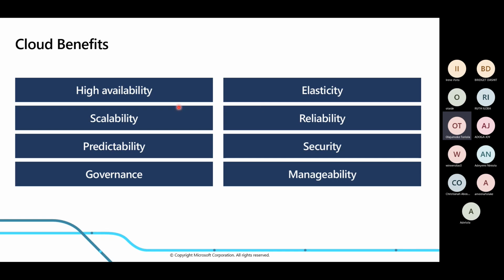The other type of scalability is horizontal scaling. Please pay attention because you will find this in your exams. With horizontal scaling, if you suddenly experience a steep jump in demand, your deployed resources can be scaled out either automatically or manually. So you could add additional virtual machines.